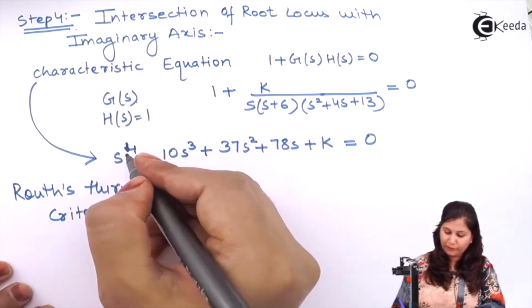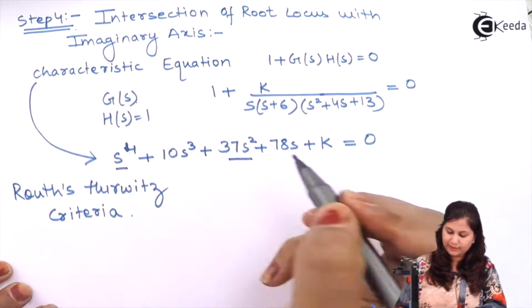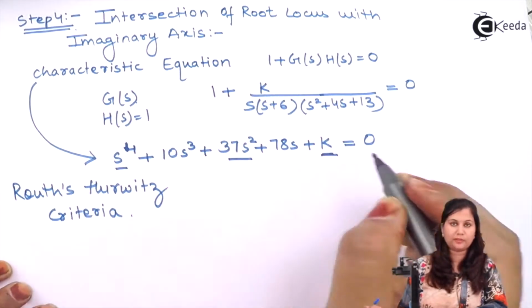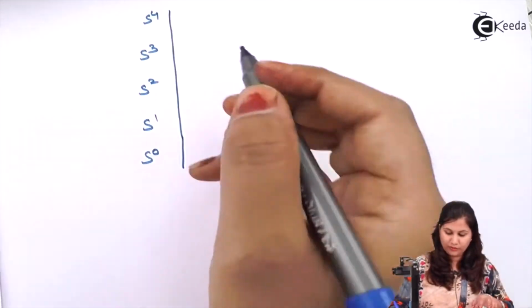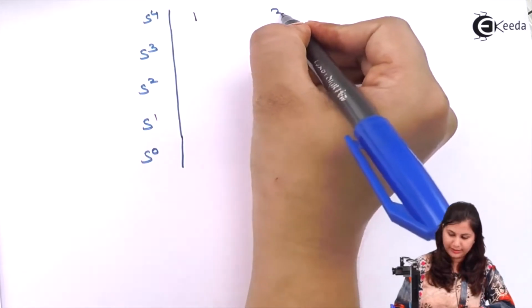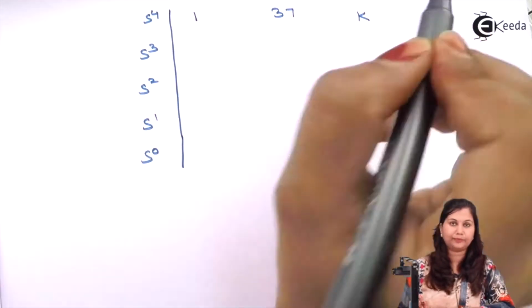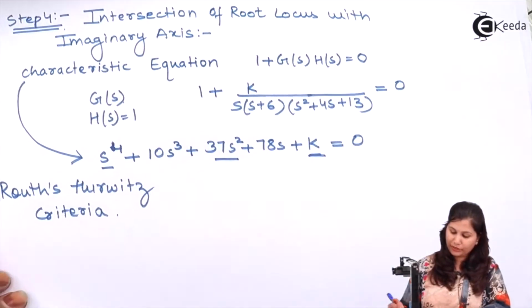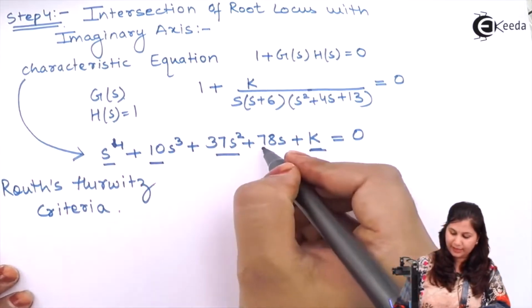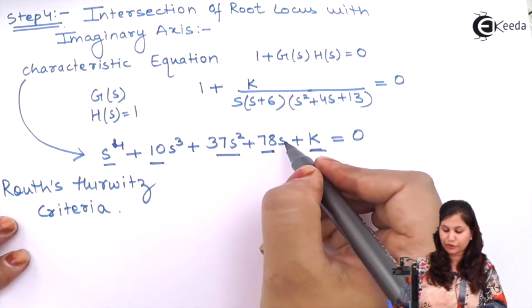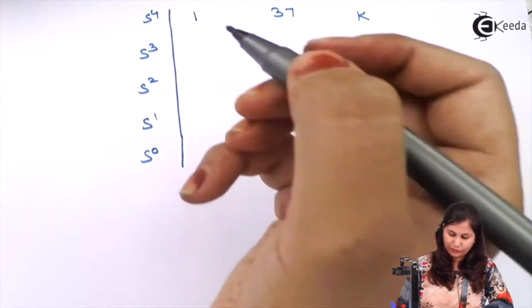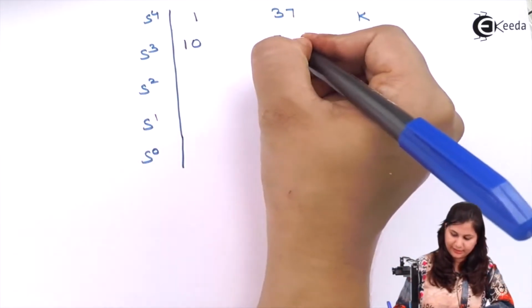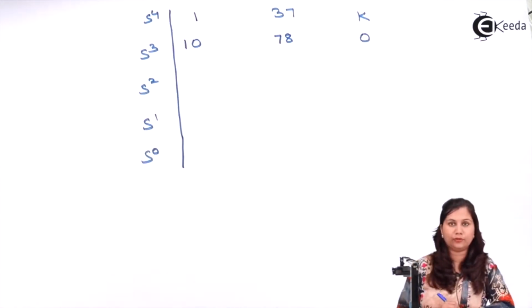The coefficient of s to the power 4 is 1, of s square is 37, and of s to the power 0 is K. So here we will have 1, 37, and K. The coefficients of s cube are 10, and then 78 for s to the power 1. So here we will have 10, 78 and 0.